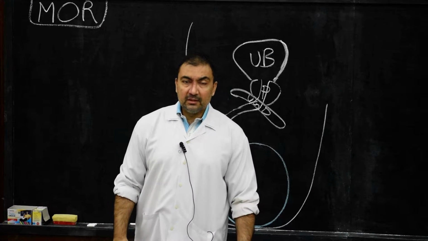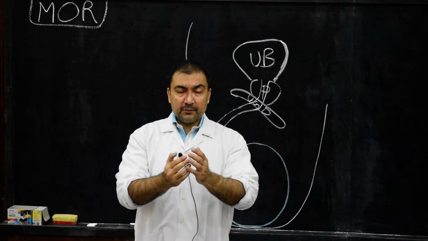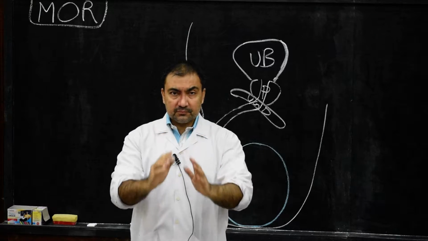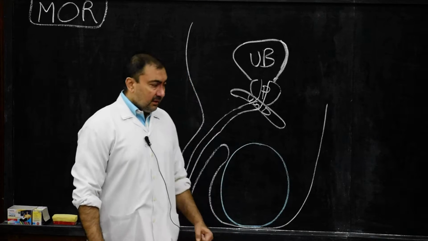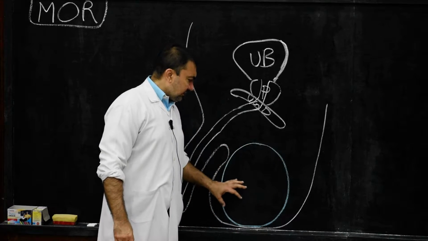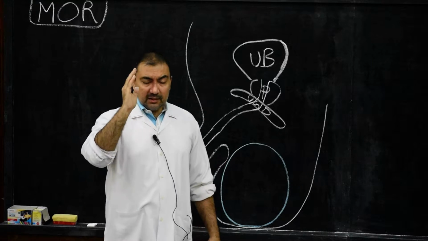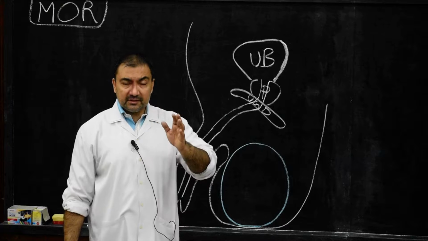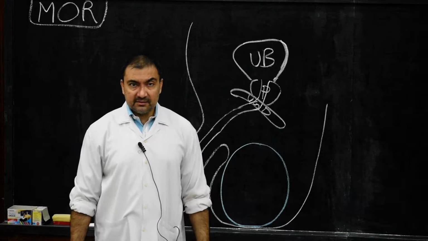testes. Now, each testis is covered by 3 layers from outside to inside: tunica vaginalis, tunica albuginea, tunica vasculosa. Tunica albuginea is a white fibrous complete sheath covering the testes, and from the posterior side, this tunica albuginea will project inside the testes as a median vertical mediastinum testis.